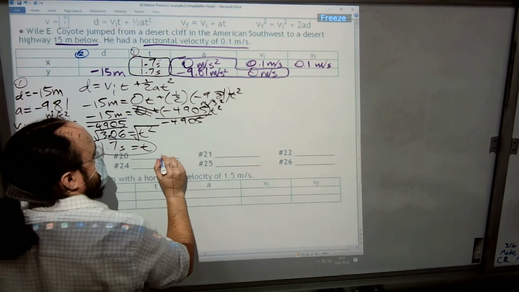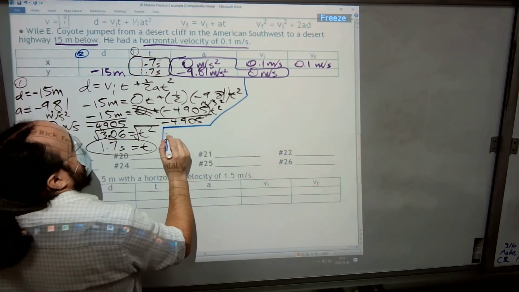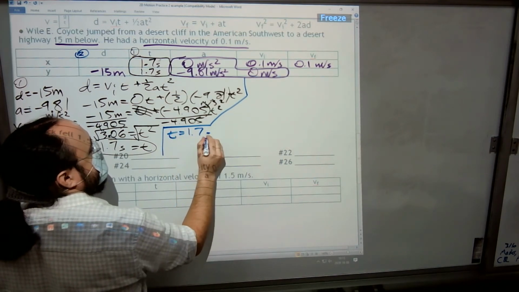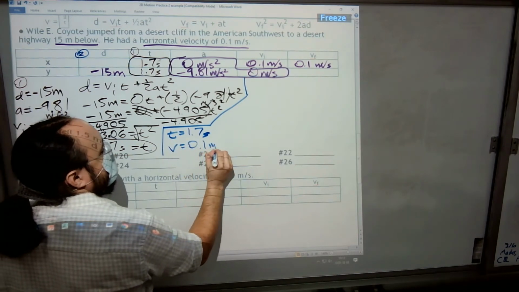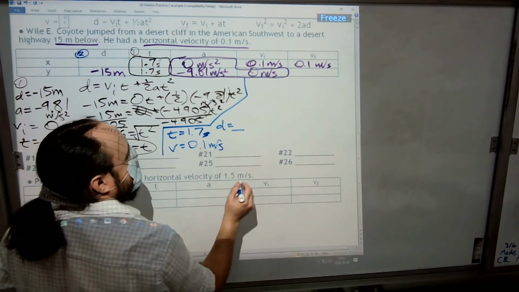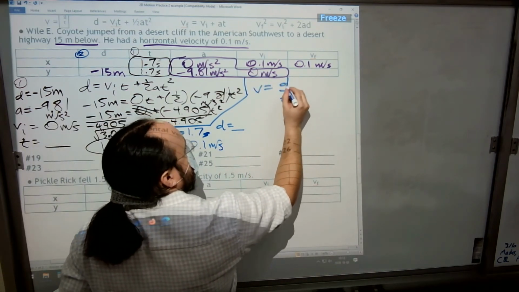So I've got T equals 1.7 seconds, and V equals 0.1 meters per second, and I'm looking for distance. I've got V equals D over T from my formula.